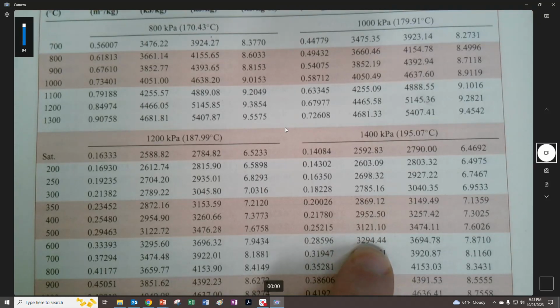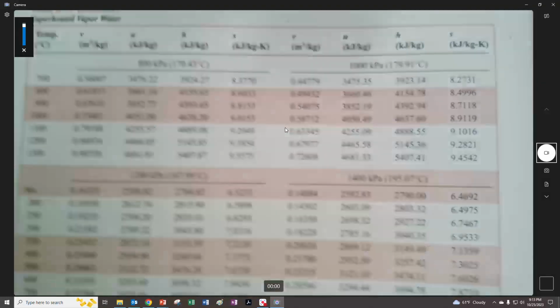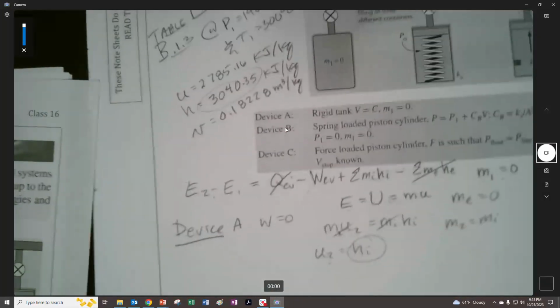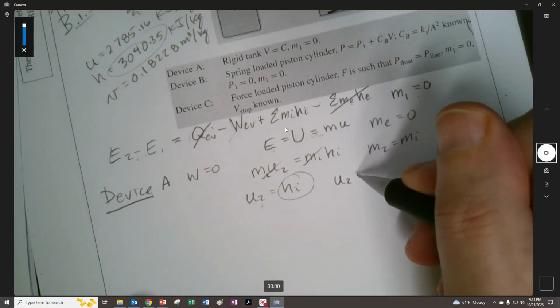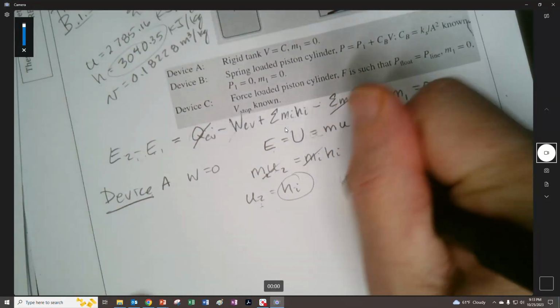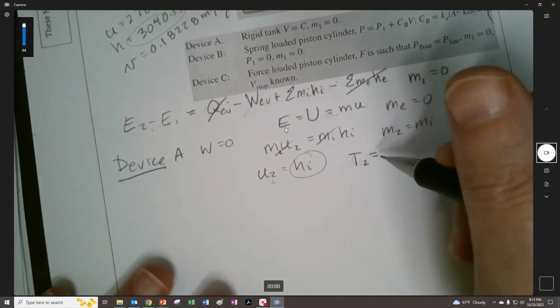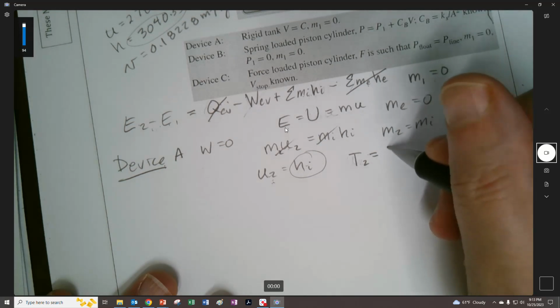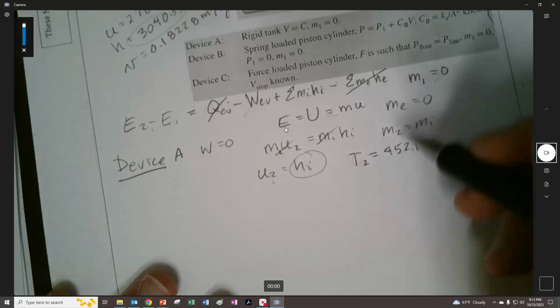So we're going to come down to there. It's going to be somewhere in between 400 and 500, because we're looking for 3040 in the internal energy right up in there. So that's the idea. And if you interpolate, you'll find that T2 is going to be equal to 452.1 degrees Celsius.